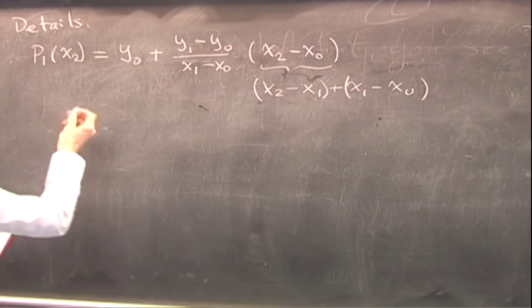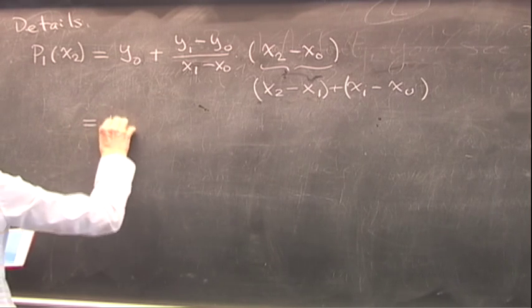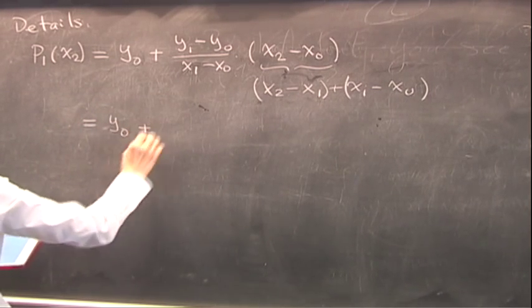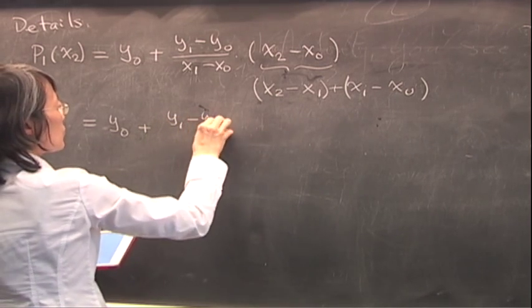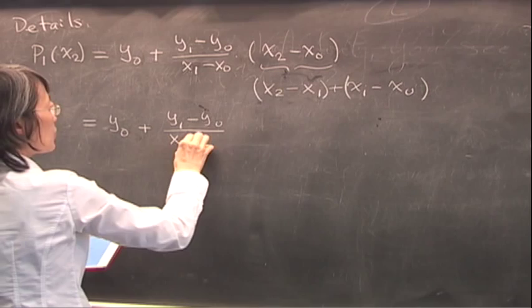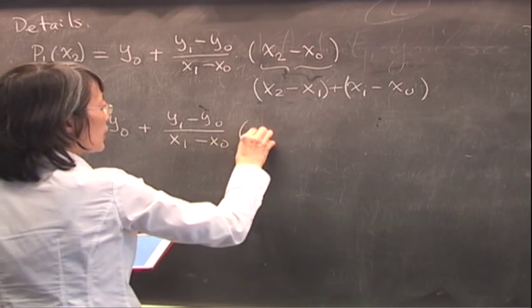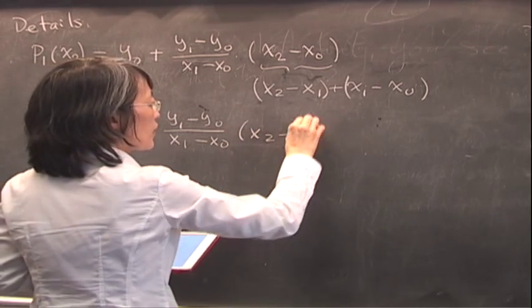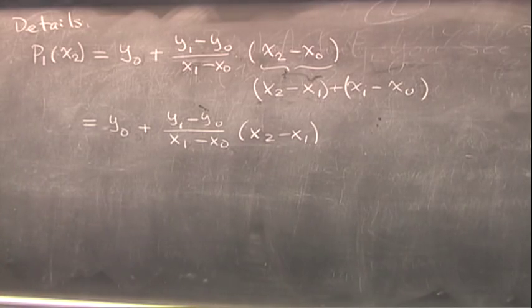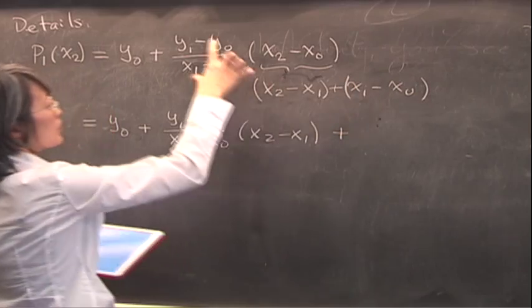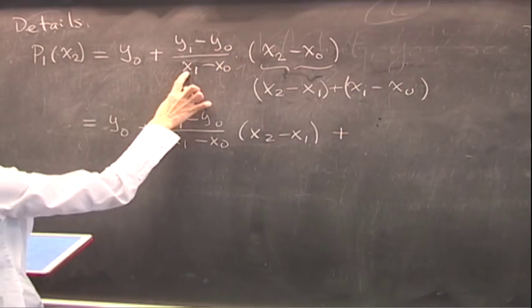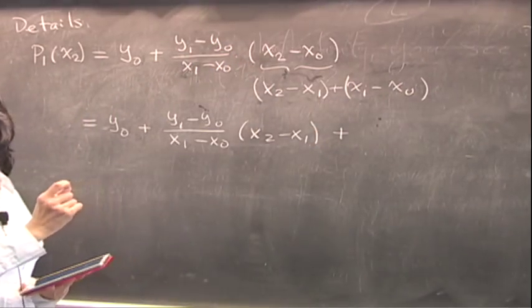Okay, so let me write out. So now I will have y0 plus, and I do this times the first term, so (y1 minus y0) over (x1 minus x0) times (x2 minus x1), that's the first term, okay? Plus, and then I do this term times that, where the denominator cancels that one. Is it clear?